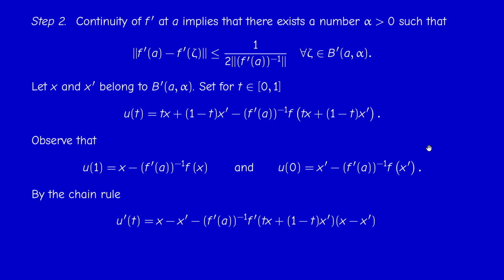Now, by the chain rule, if we differentiate with respect to t, the derivative of this term is just x. The derivative of this term is minus x prime. And this is a linear bounded map, so its derivative is just itself. And the derivative of this term, again by the chain rule, is f prime of the convex combination times the derivative of what is inside, which is just x minus x prime.